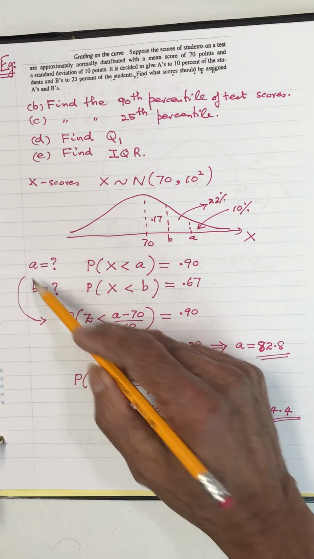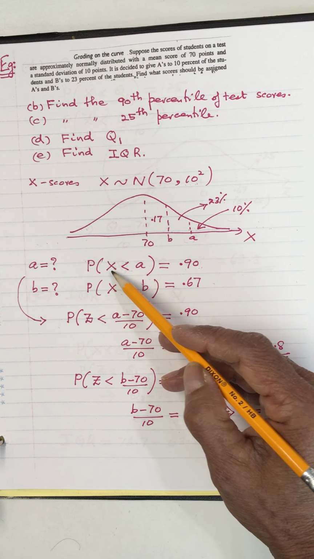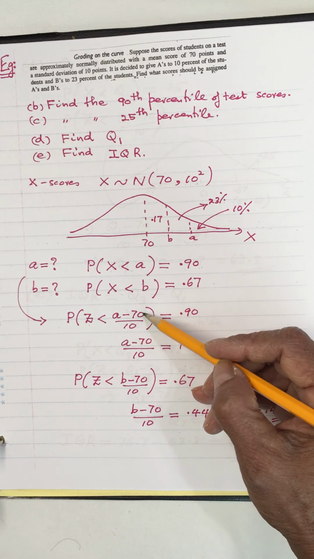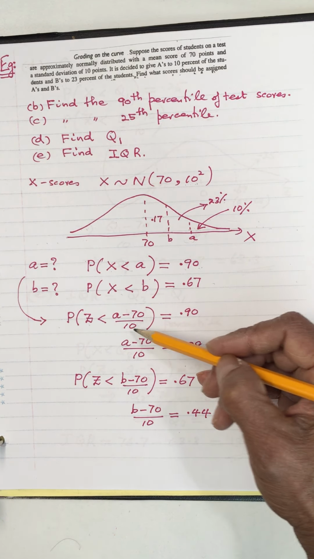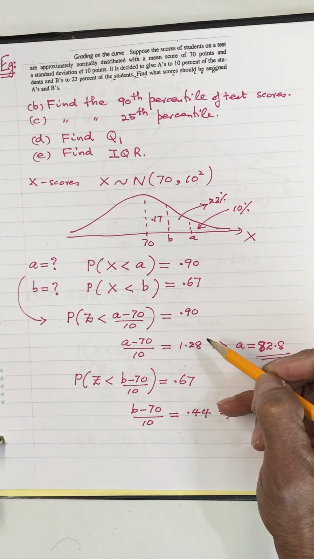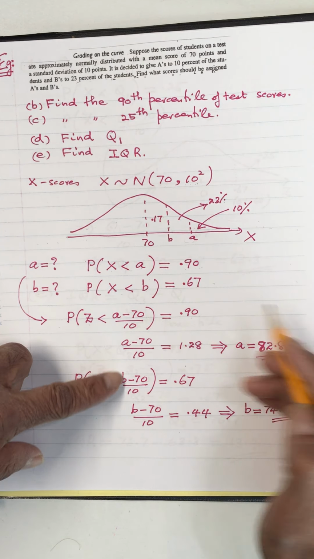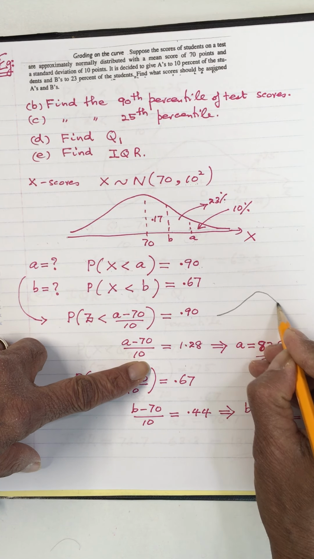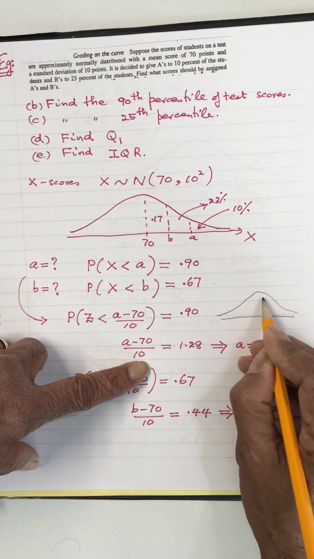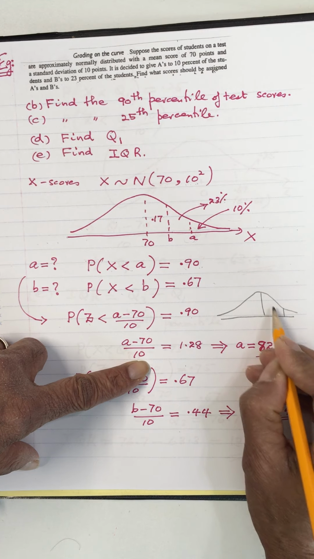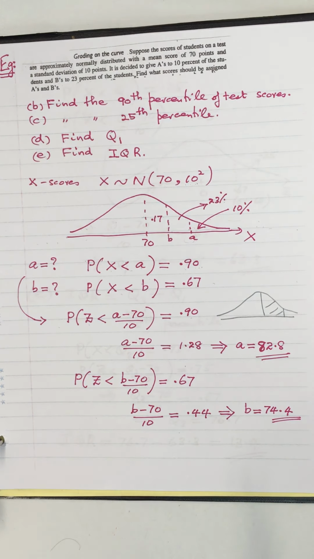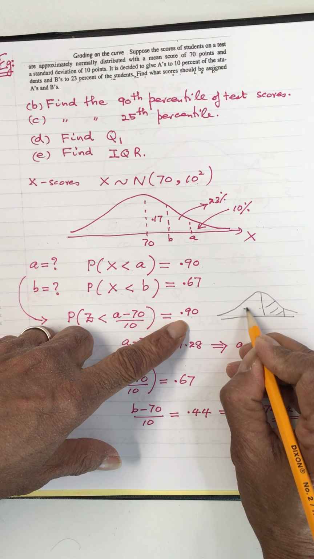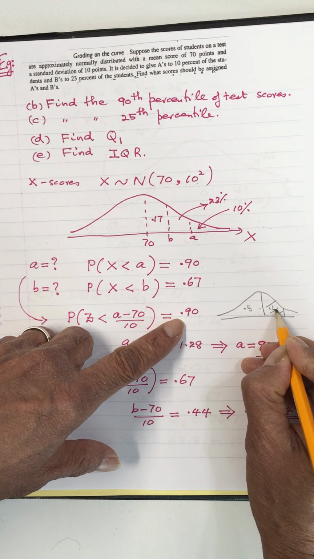So here the first part, you convert into z, so get rid of the mean divided by the standard deviation. The mean is 70, divided by the 10. So from the z table now, we are dealing with the z table. Here you are getting this value, so this is 0.5 and this got to be 0.4.